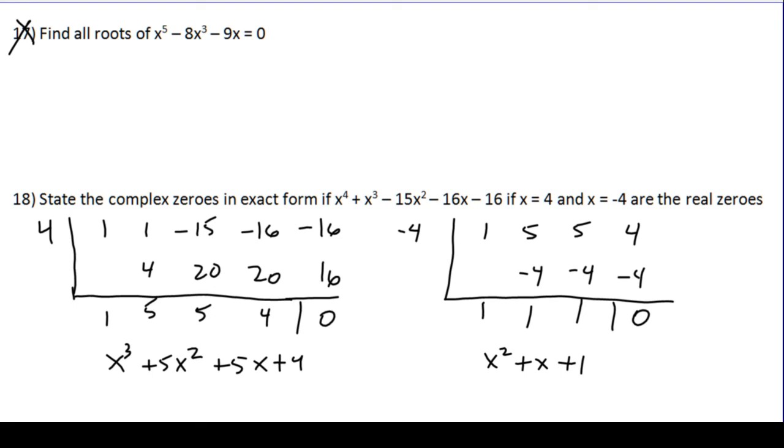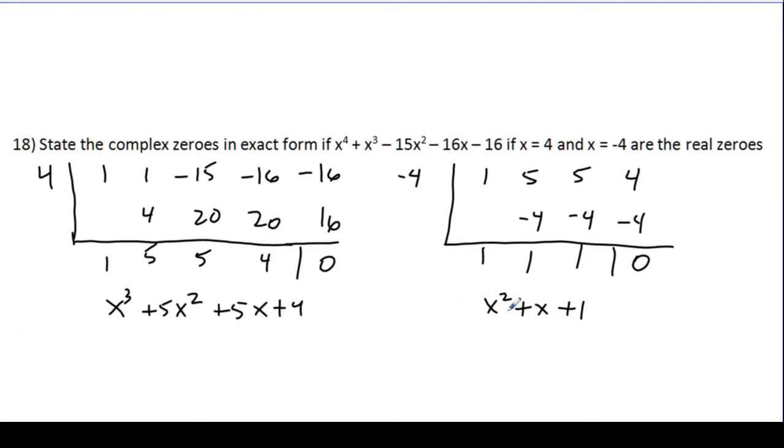Again, I have this situation where if I try to factor x squared plus x plus 1, there's nothing that multiplies to 1 that also adds up to 1. So this is as broken down as I can go. I set it equal to 0 and I'm going to solve. So -1 plus or minus the square root of... well, let's do the b squared minus 4ac over here again. 1 squared minus 4 times 1 times 1.